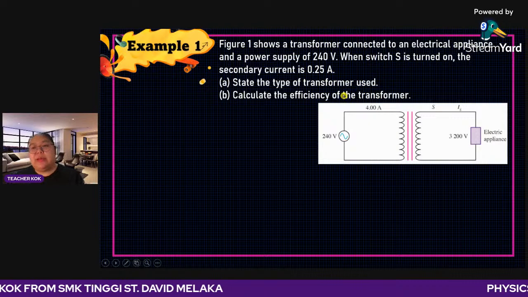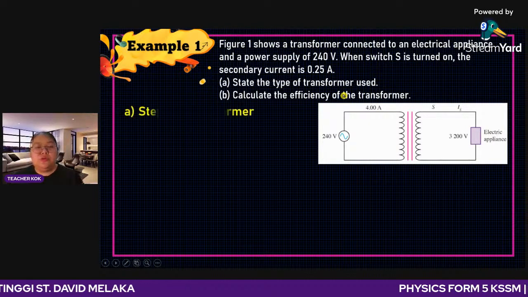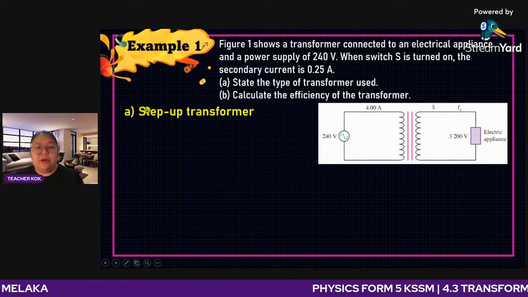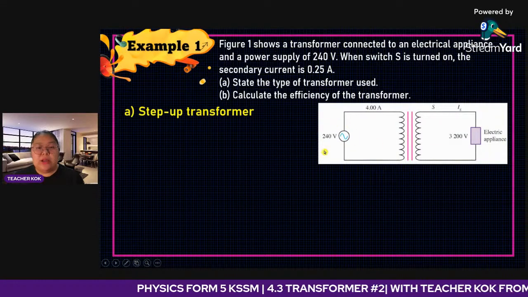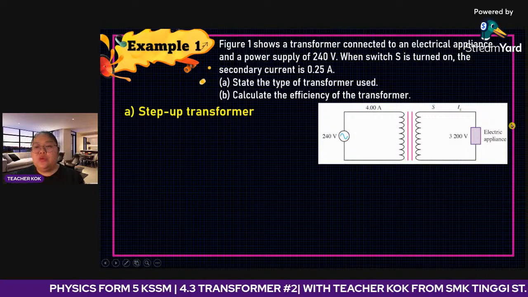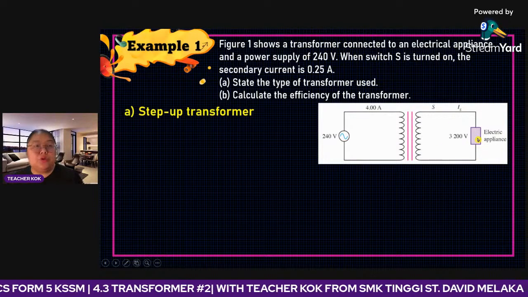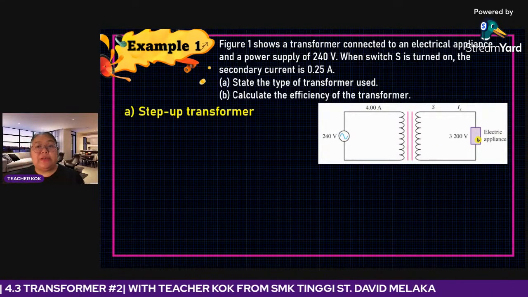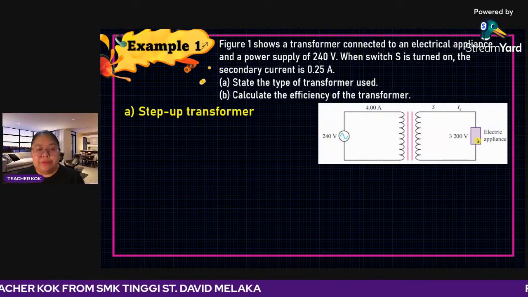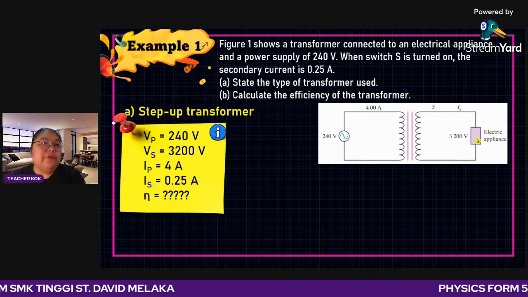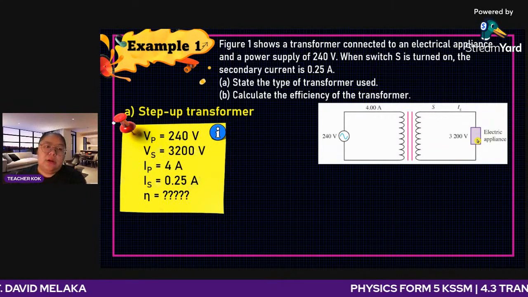From here, it is a step up transformer. Everybody know why step up? Because you see V1 is 240, and V2 is 3,200. So I know this is surely a step up transformer. Okay, we need to write the info from the question.